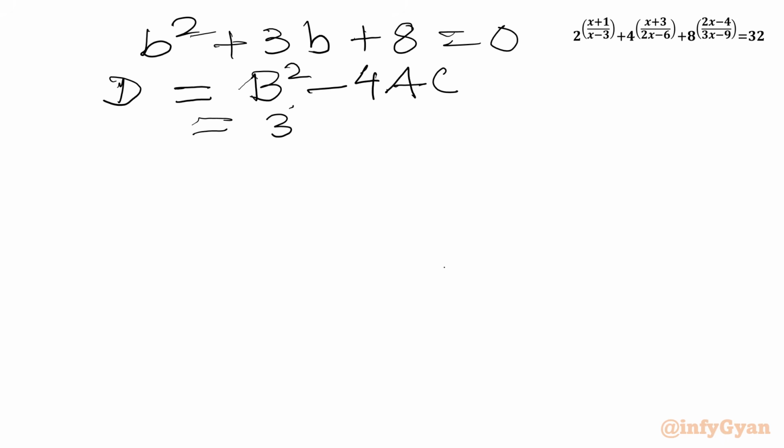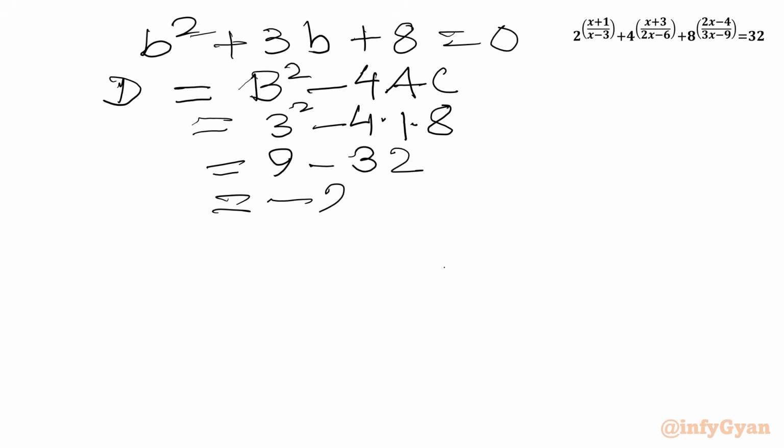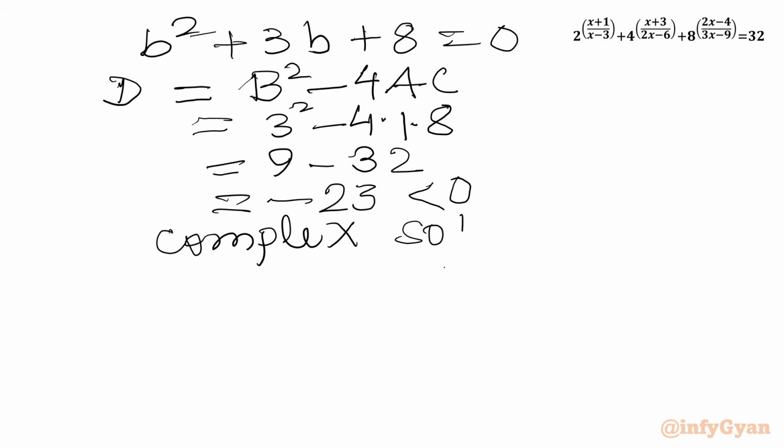So we get 3 square minus 4 times 1 times 8, which is 9 minus 32. And this is a negative value, minus 23. Since the discriminant is negative, we are going to get complex solutions. So we can reject this quadratic equation.